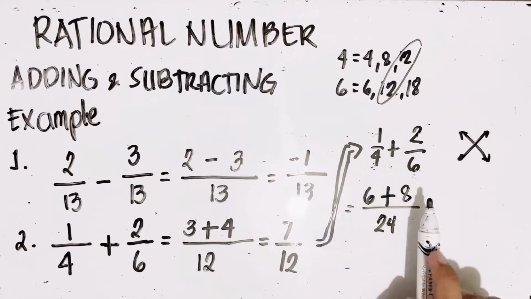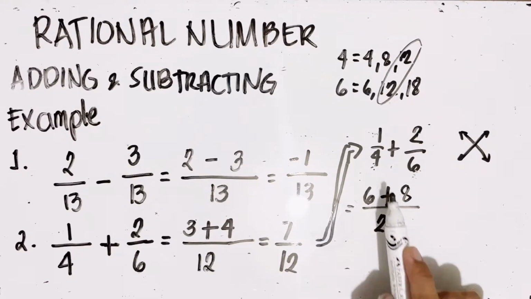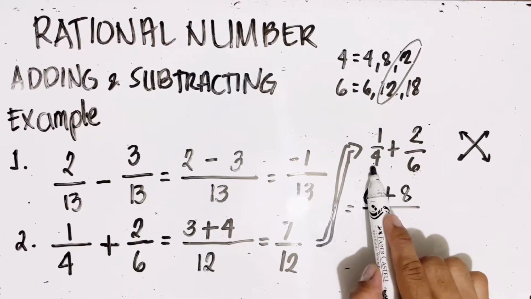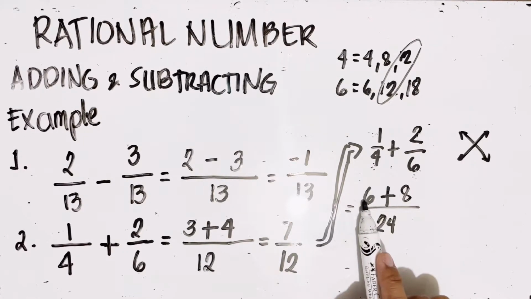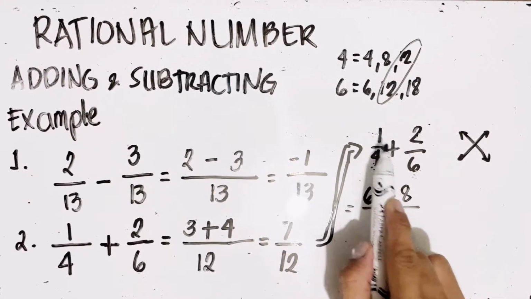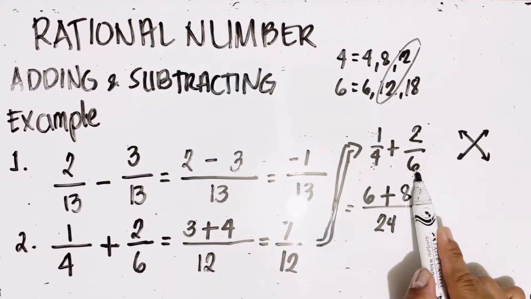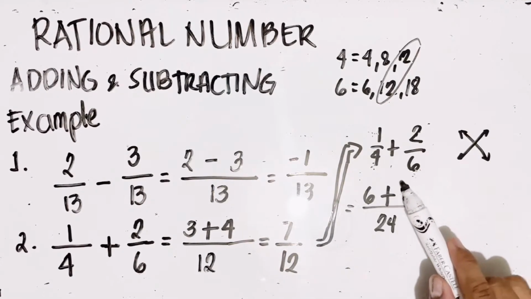Again, how did I get 6 plus 8 over 24? First, the new denominator is solved by multiplying the old denominators. So 4 times 6 is 24. Next, how did I get 6? I cross multiply 1, the numerator, with the denominator of the other fraction. So 1 times 6 is 6. Next, how did I get 8?